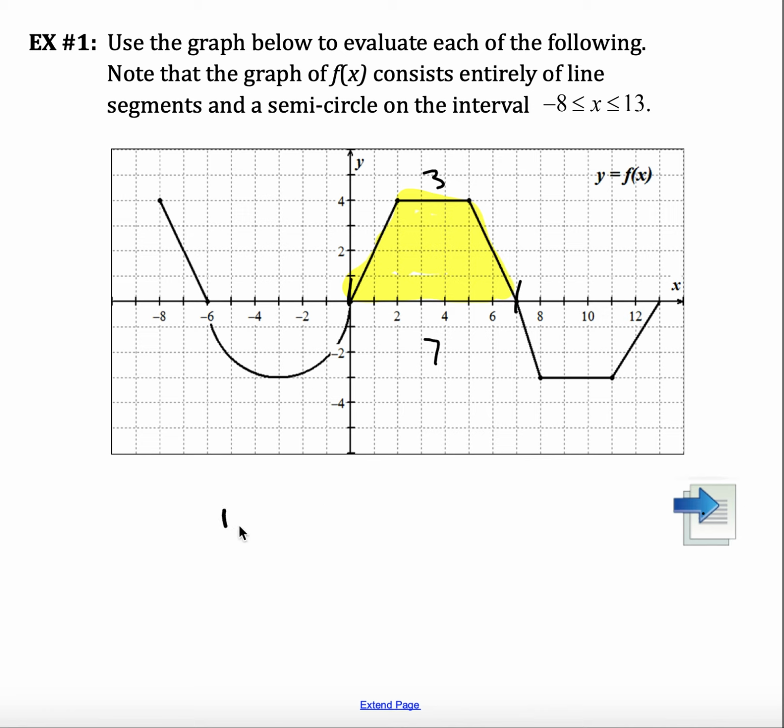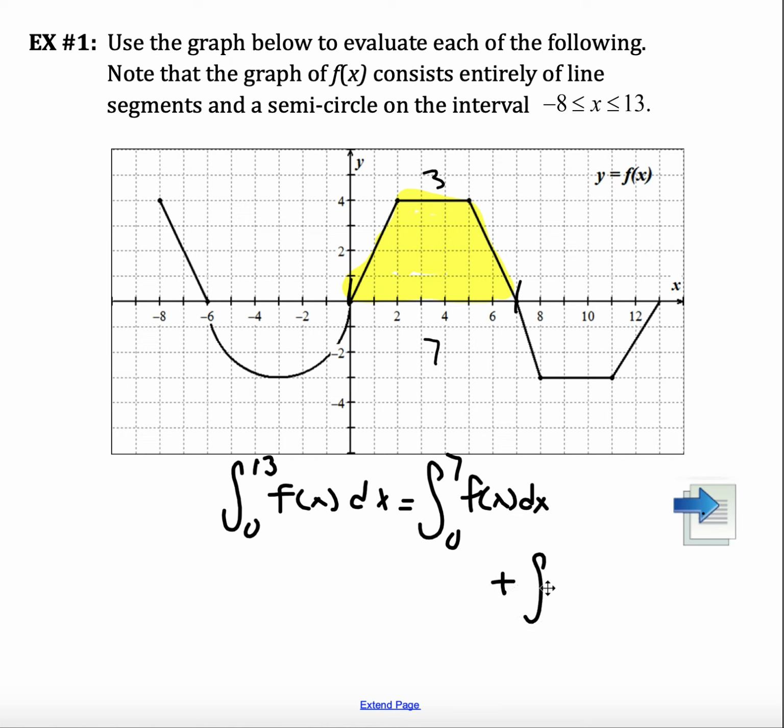So the integral from 0 to 13 of f of x dx can be expressed as the integral from 0 to 7 plus the integral from 7 to 13. Okay? And we already have 0 to 7. We already said that's 20. So I could just rewrite this as 20. Okay? Plus 7 to 13.